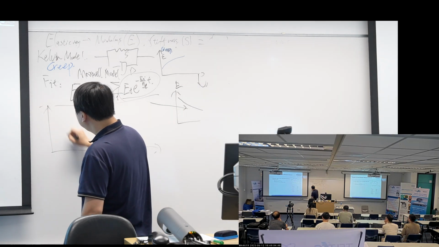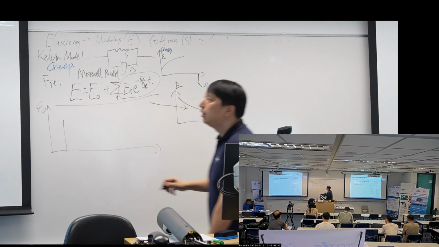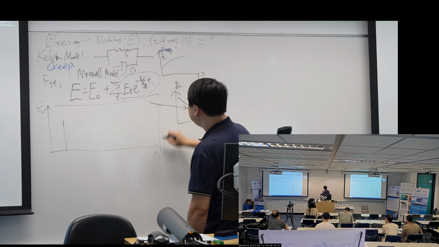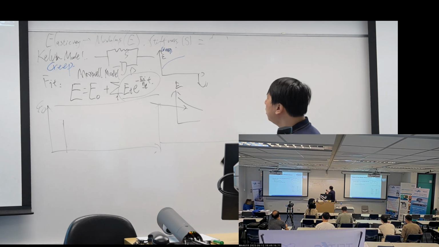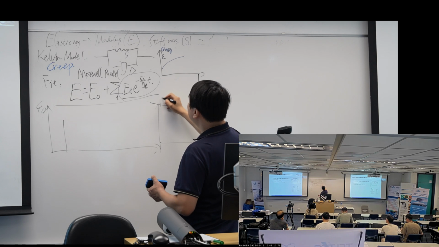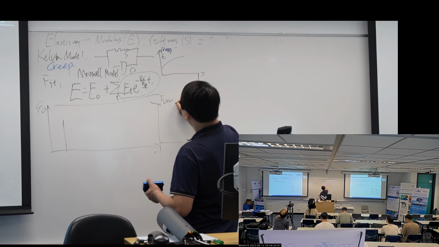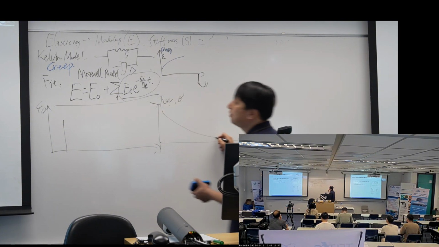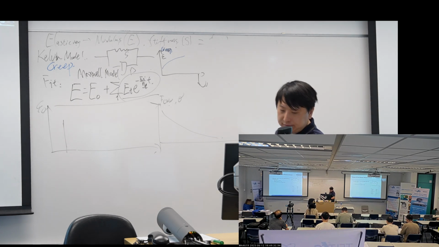We make the sample have a deformation, and then we hold this deformation. We hold the deformation and we observe the force, or sigma, change against the time. And so in the AFM, we do it in such a way.